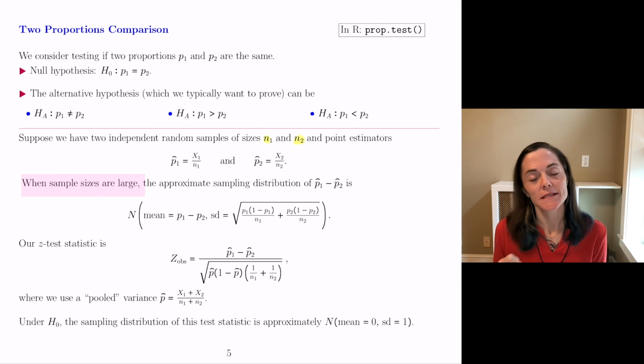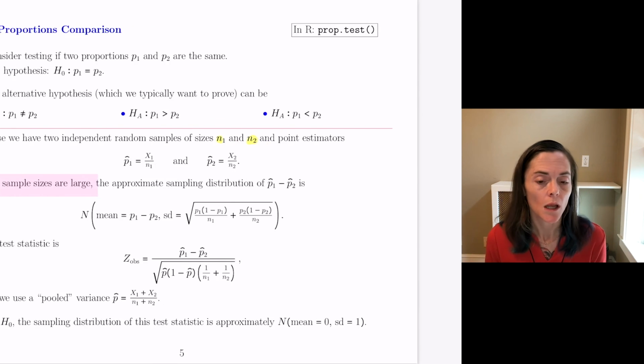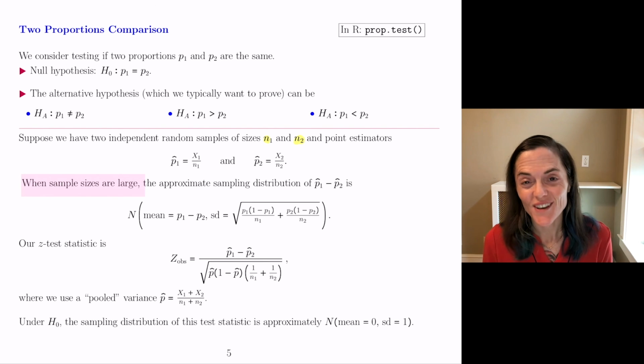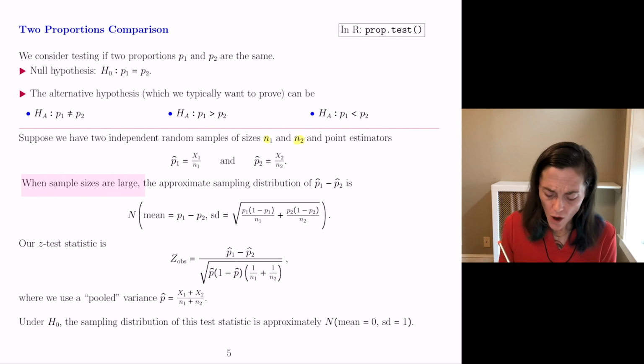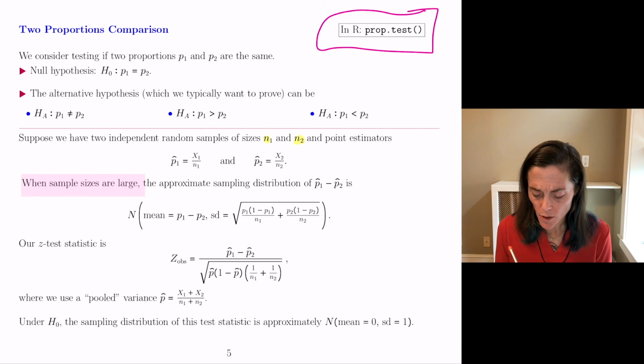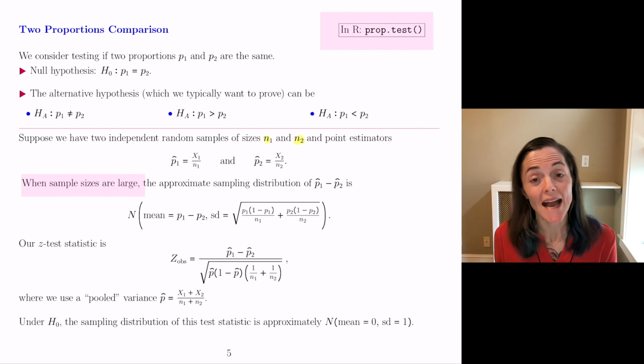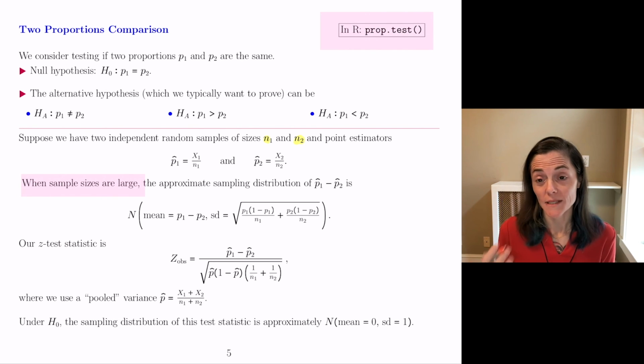Under H0, the sampling distribution of this test statistic is approximately normal with mean 0 and standard deviation 1, so standard normal distribution. This is just an overview of this two-proportions comparison. Almost always, the best way to actually calculate this is using prop.test.